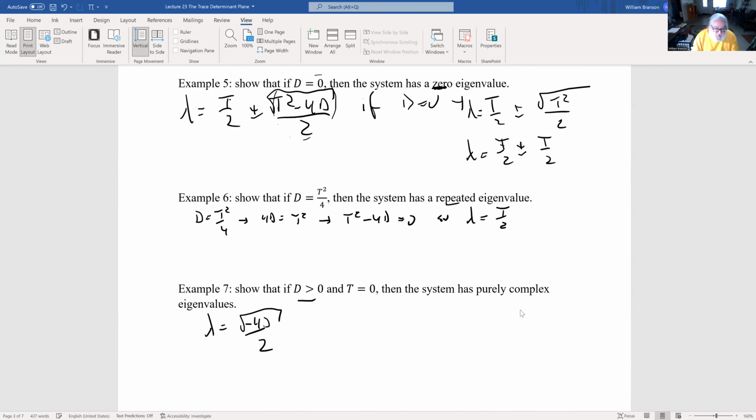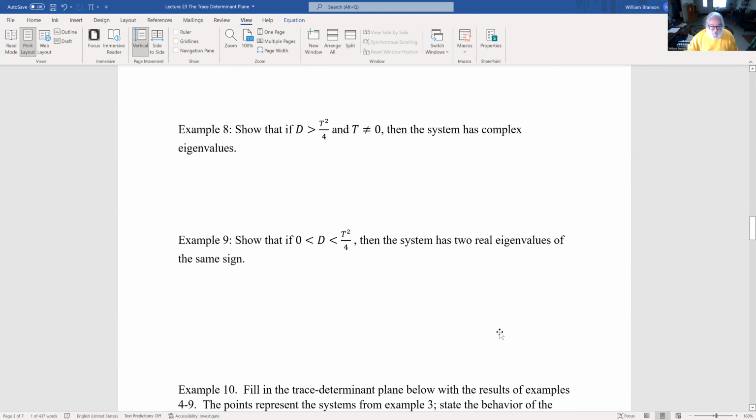And if d is positive, this becomes lambda equals plus or minus 2i square root of d over 2. It's got a purely complex eigenvalue. And so this is t equals 0, that's the d-axis, the positive part of the d-axis.